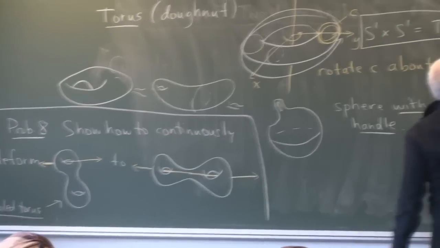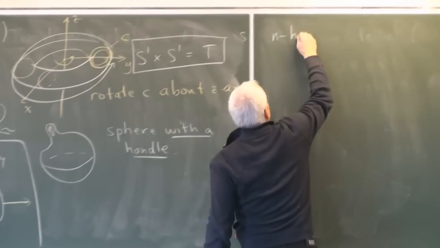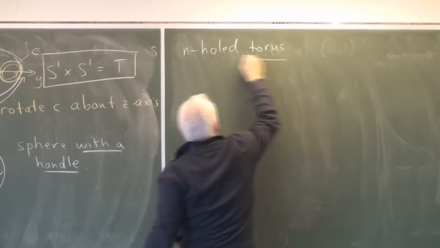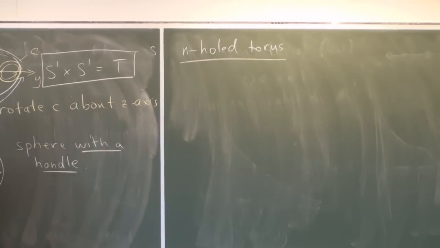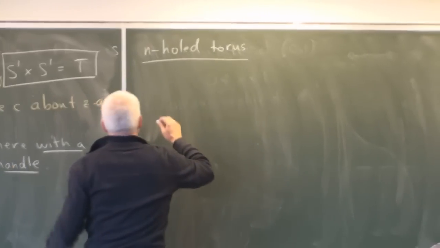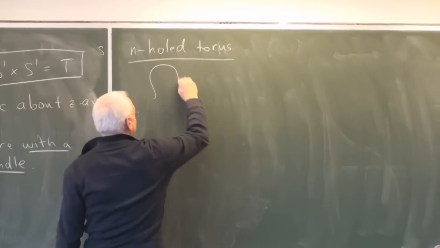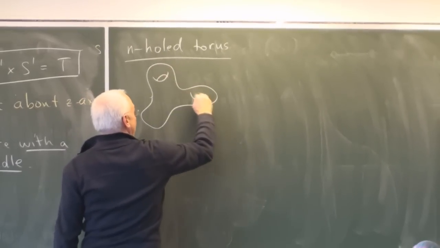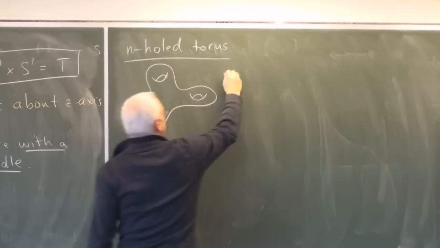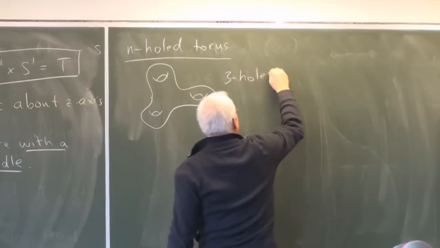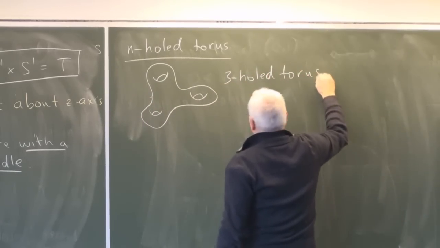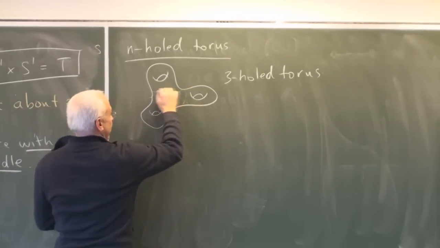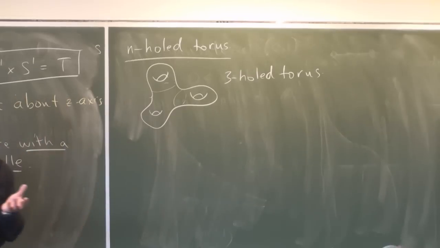All right, so let's just mention this generalization of a torus called the n-hole torus. There was an example of it right there. So we've already seen the 2-hole torus, but we can also think of a 3-hole torus. There's a 3-hole torus. And it's just the surface that we're talking about here, right?